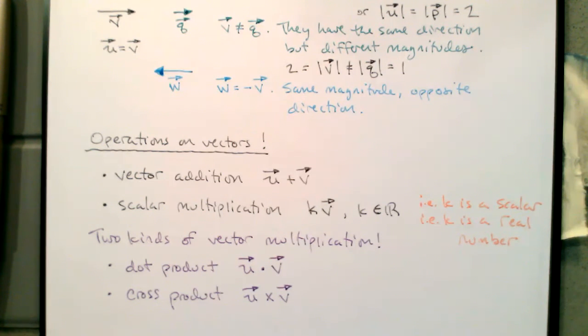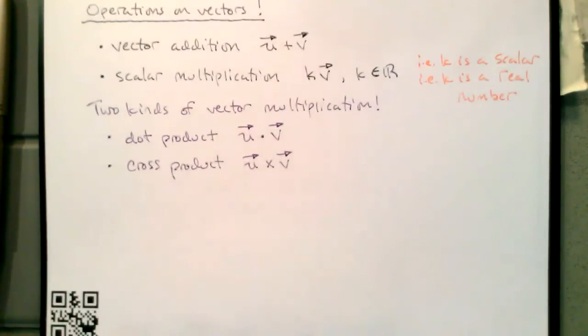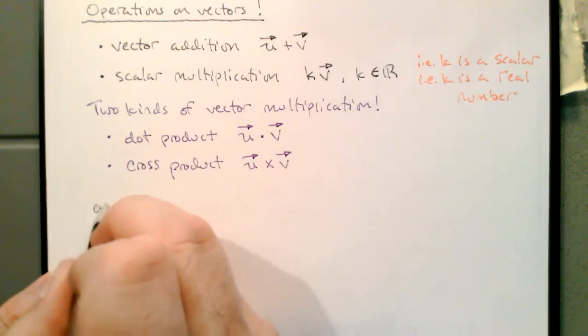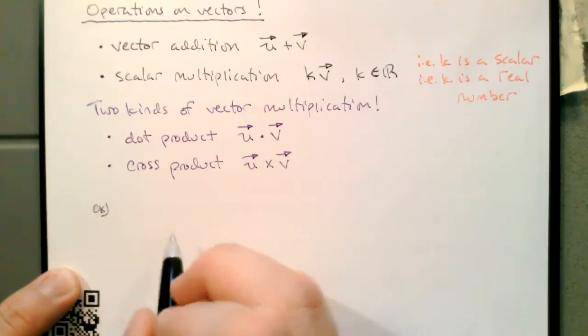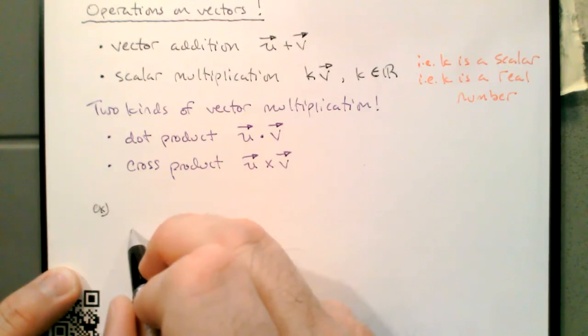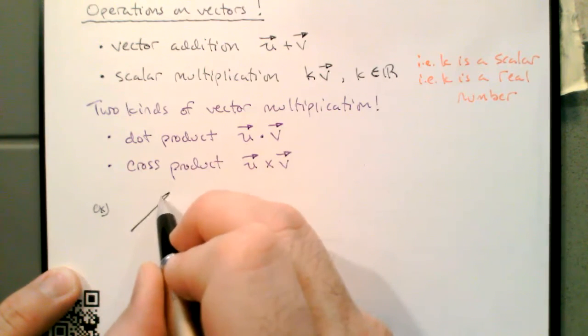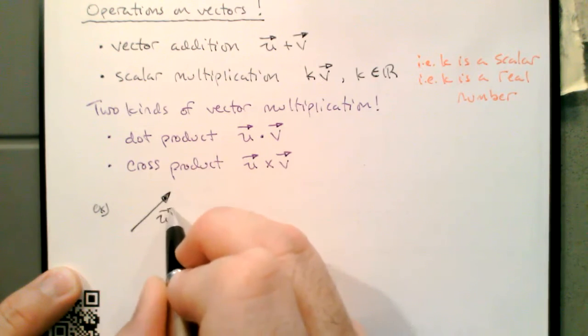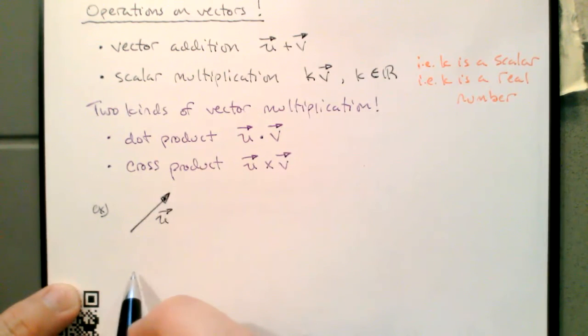All right, let's talk about how vector addition works. Let's say that the vector u is going to go 2 squares at a 45-degree angle in that direction. That's the vector u. And let's say the vector v is flat and it goes 3 squares.